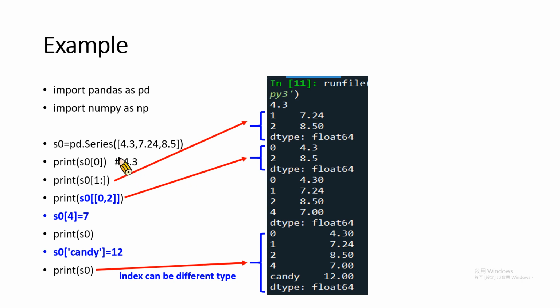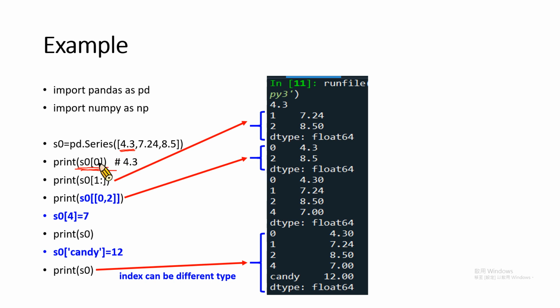And here is an example of getting part of the series. We can get part of the series by skills like slicing in a list. You see here, we can use the same expression as a list to get the values of the series.